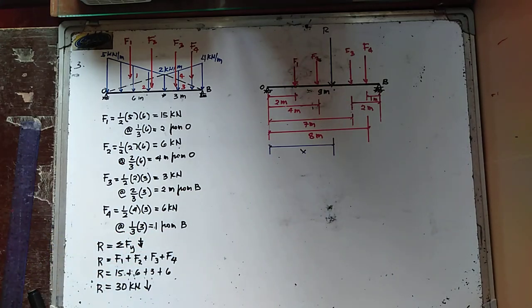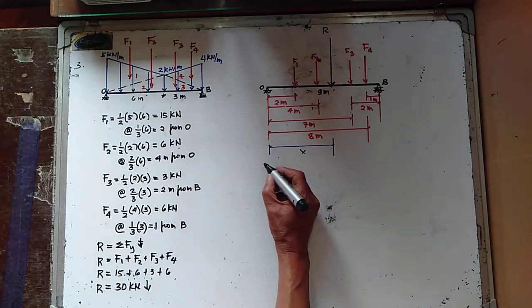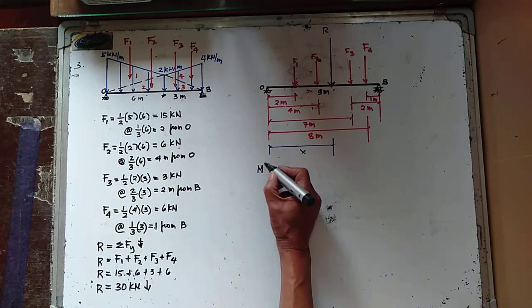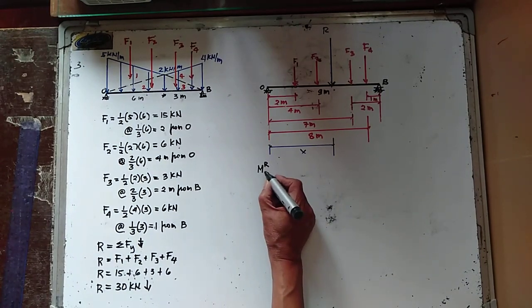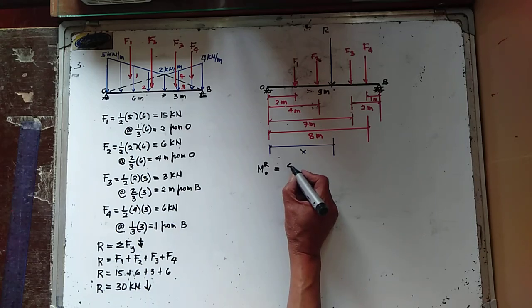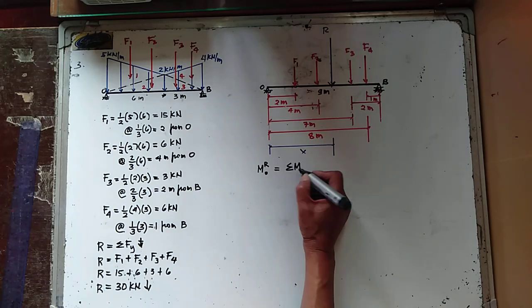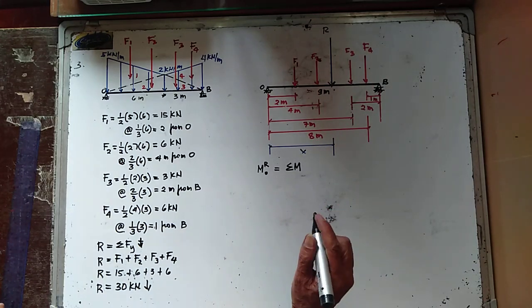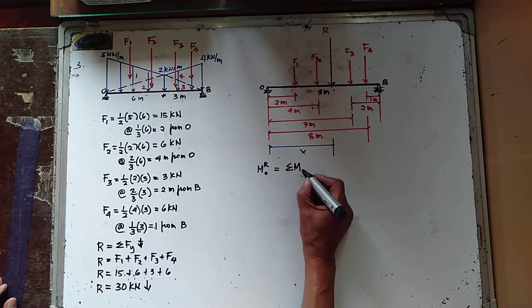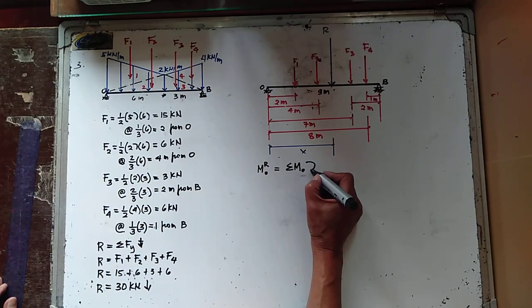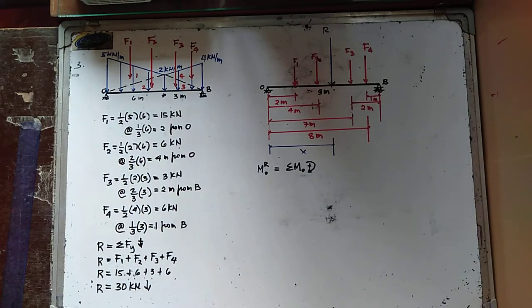Let's try to get the moment of the resultant force about point O. So the moment of the resultant force about point O is equal to the summation of moment of all the forces about the same point O, considering clockwise moment as positive.